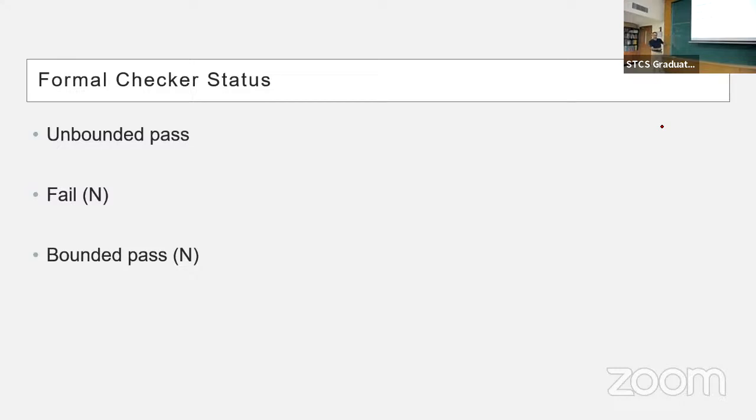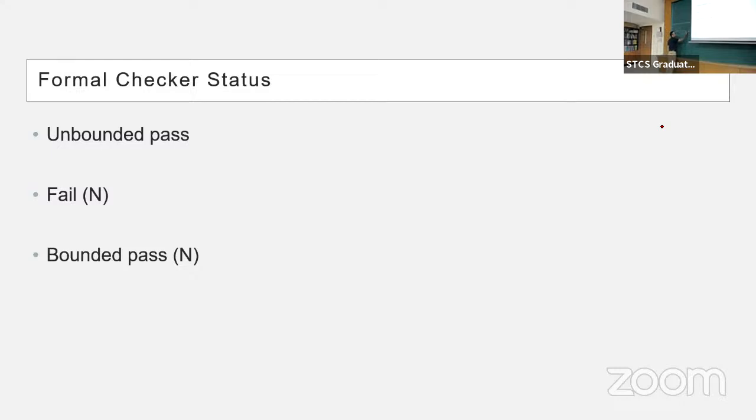A very simple checker. Let's say some valid signal is high. Let's say two blocks, A and B. A is the producer of some signal, B is the consumer.